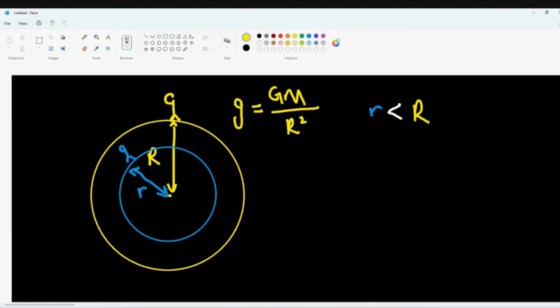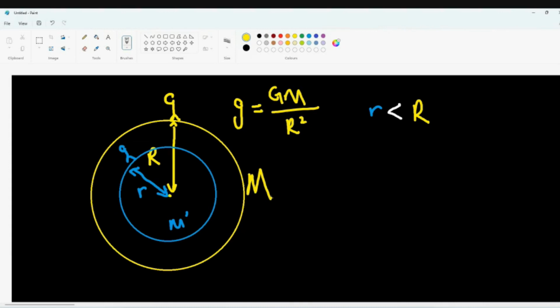Then what happens? Why is GM no longer constant, especially the M? Because now you are standing on a smaller M. In the formula, what we have is the mass of the Earth, but when you go toward the center, you are standing on a smaller size of Earth, so the mass is not the actual mass of the Earth. Now we need to find the relationship for this smaller mass.